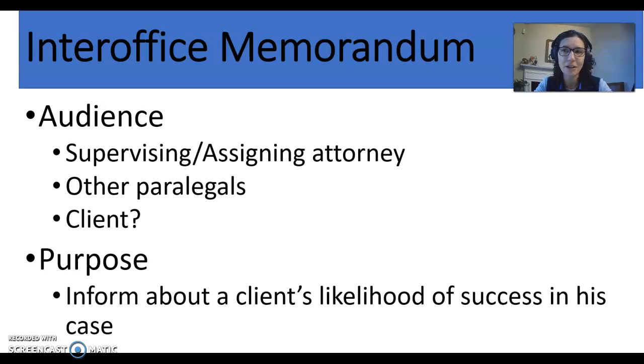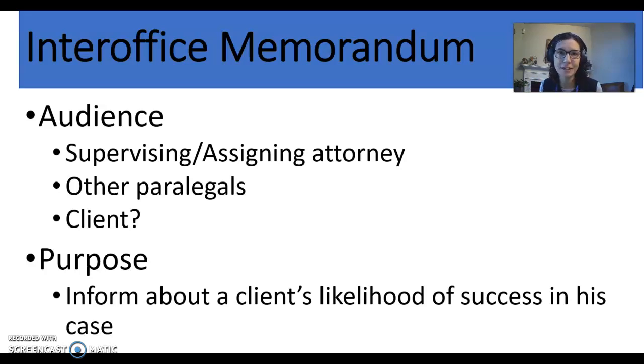It is not a document that is shared outside the law firm. The Interoffice Memorandum is not even usually shared with the client. We can take the information from the memo and usually we would turn it into a letter that is written in a tone and in a manner that speaks to that particular client.